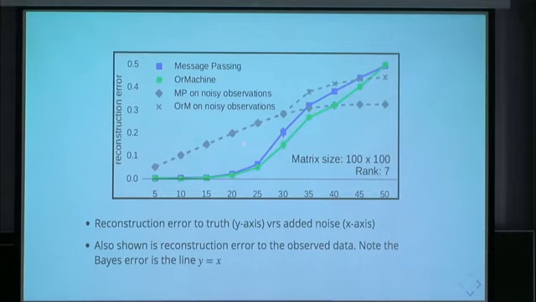But then as you go forward, we haven't really done the diagnosis, but this is consistent with the message passing doing a little bit of overfitting in this portion here. Because we know the Bayes risk is 50%, and if you just looked at the error on the training data, it's below 40%.